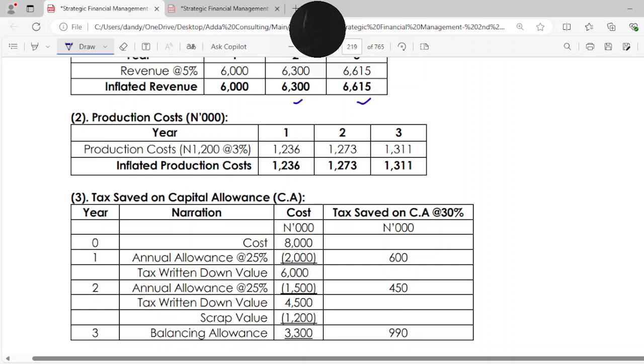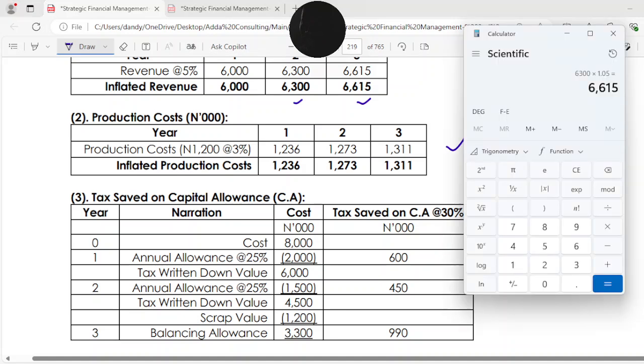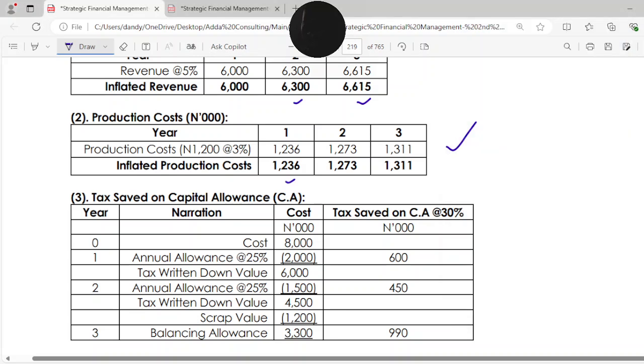So this is the working for production cost. The production cost currently, we are told, is 1.2 million. Therefore, I will carry my calculator: 1.03, that's the inflation rate, multiplied by 1.2 million. That will give me 1236. That is how we got the first 1236.